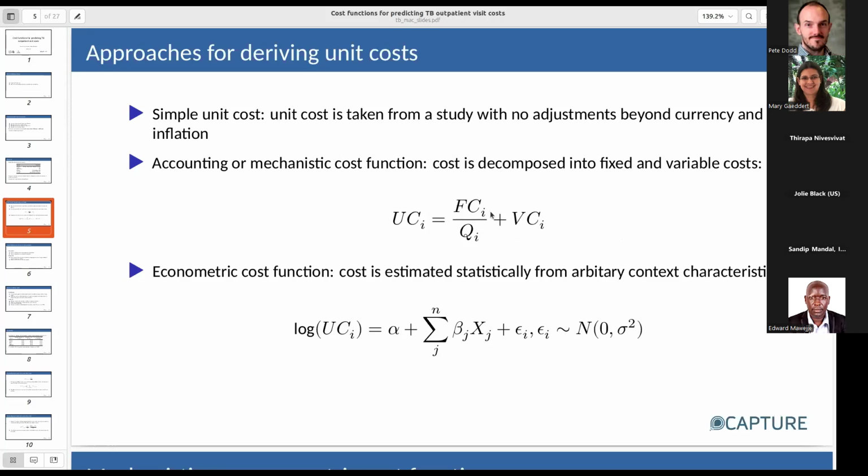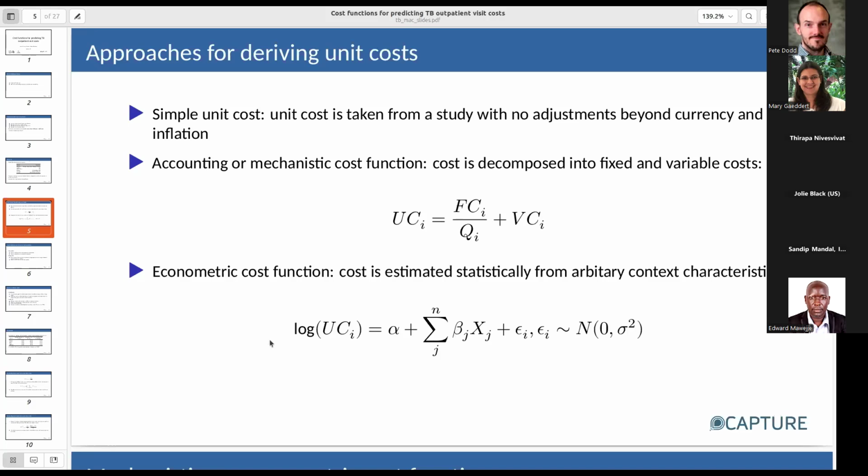So the fixed costs at the facility level don't depend on the number of services offered, so the average cost per service actually decreases as the number of services increases. And then the variable costs, like I said, are things like drugs and consumables that don't depend on the scale of the intervention offered. It's the same price per visit, regardless.